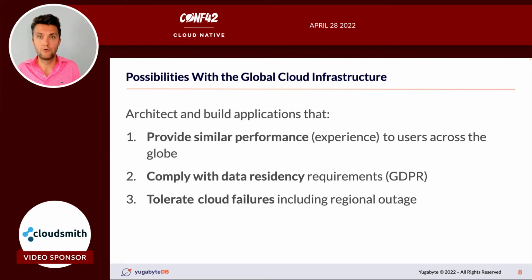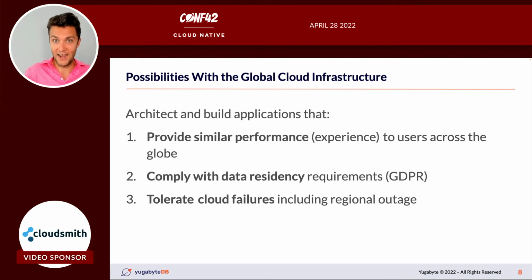If you want to expand this application to Europe, it's highly likely that you have to comply with local requirements, such as GDPR. And again, the cloud infrastructure allows us to do that. You can keep the data of your application in the European data centers, and you can deploy instances of your microservice there.